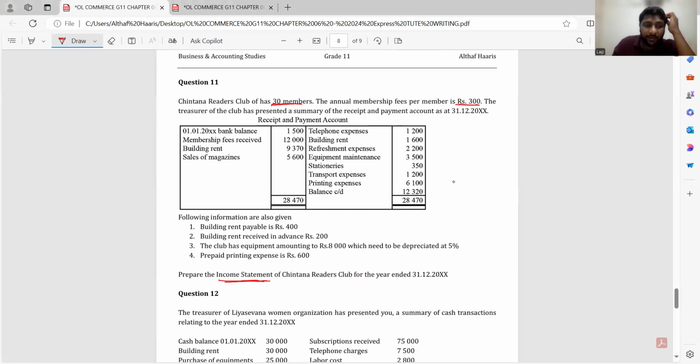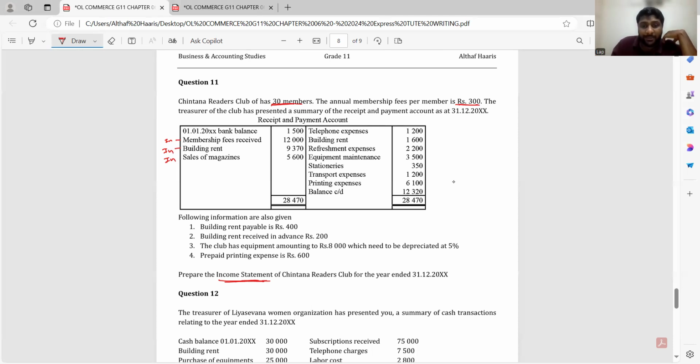Membership fee received is connected with income. Building rent, cash receipt. That means you might have an extra building and you might have given it for rent. So keep this building rent as income. Sales of magazine is income. Here this building rent, you have taken a building for rent maybe.